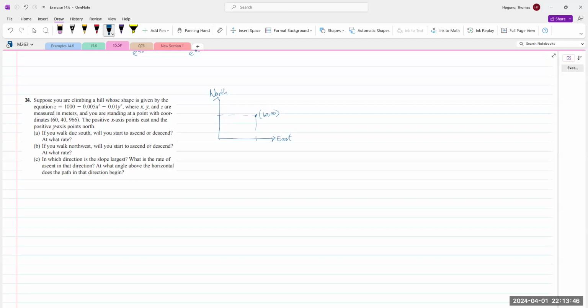Okay, now the gradient of z will be negative 0.01 x, negative 0.02 y.